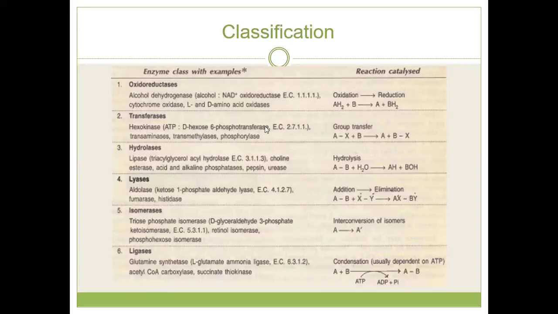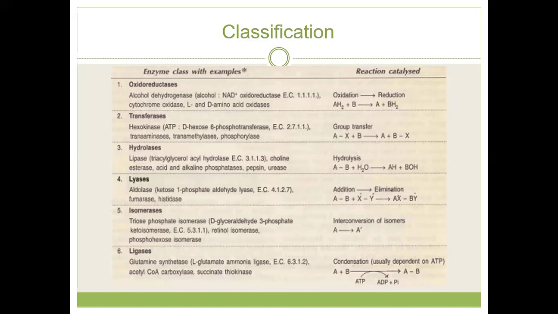The second one, we have transferases. These enzymes are involved in catalyzing the transfer of a chemical group from one molecule to another. We can have amino transfer, acyl transfer, phosphorus transfer, glycosyl transfer. For example, we have aminotransferase or hexokinase.